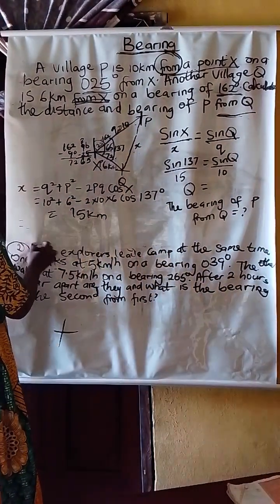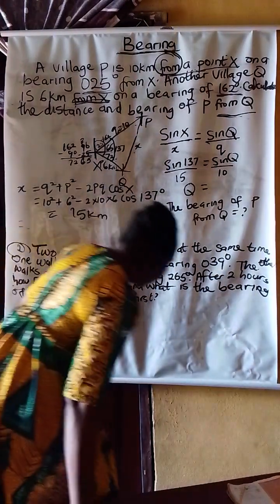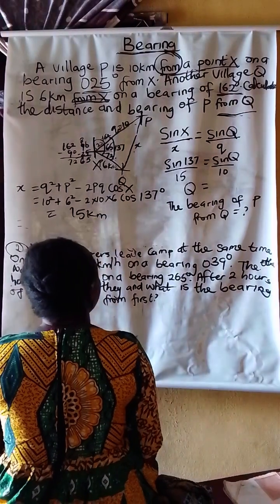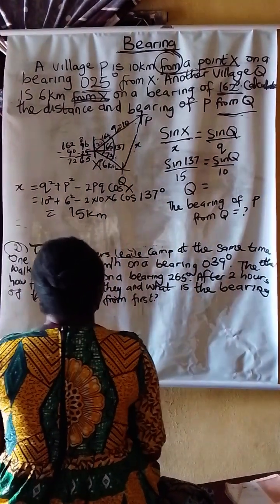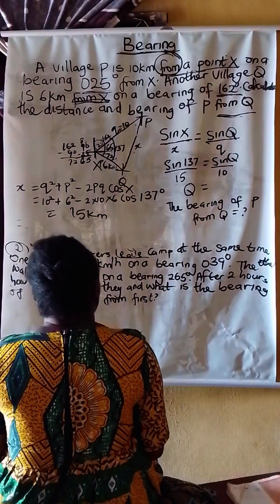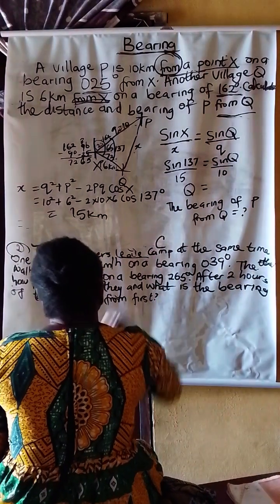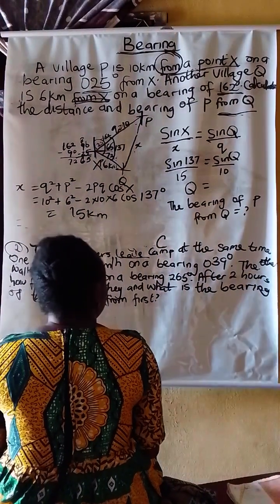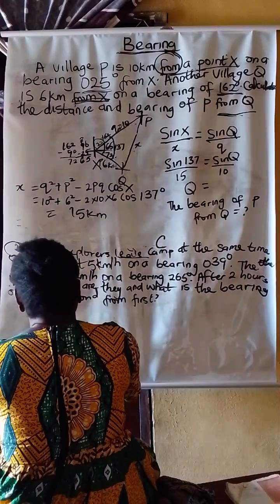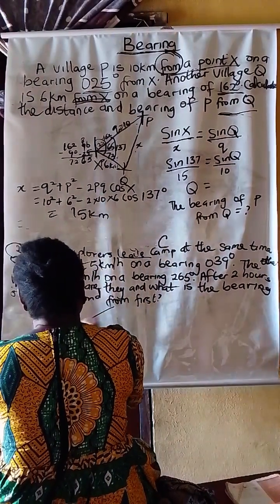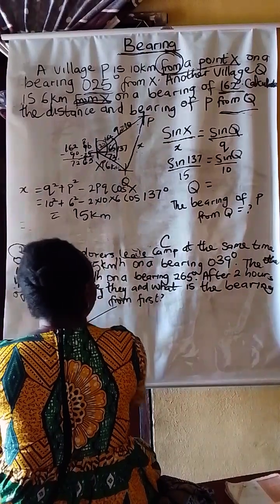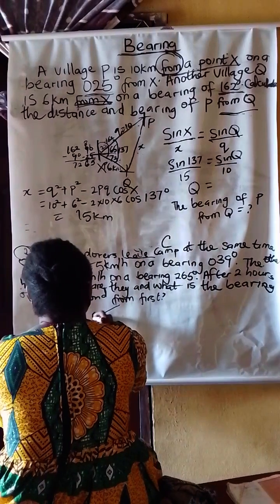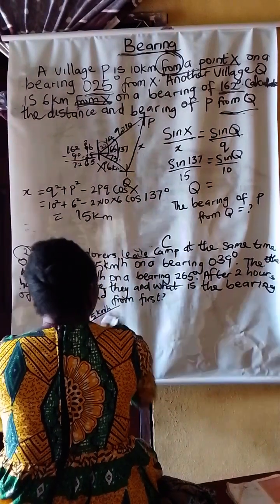Number 2. Two explorers leave camp at the same time. Let's use this as C, the camp. One walks on a bearing of 39, which is the first quadrant, at 5 kilometers per hour.